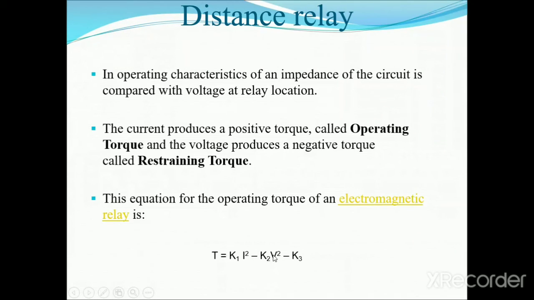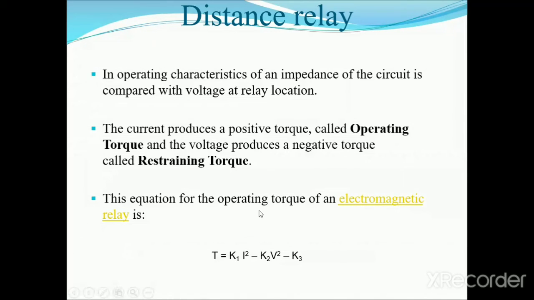Next, K2 V square is the negative torque produced due to the voltage winding or the PT. That is the negative torque, called the restraining torque, that's why we represent the minus symbol. Then K3 is the mechanical constant, due to the spring, represented by K3.